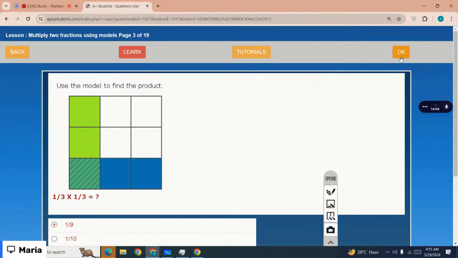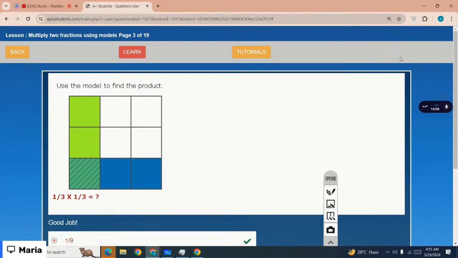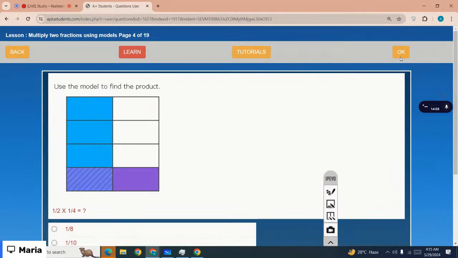Because only one portion has both colors and the total is nine. Use the model to find the product. Yes, that is 1 over 8. Option number 1 is the correct option.